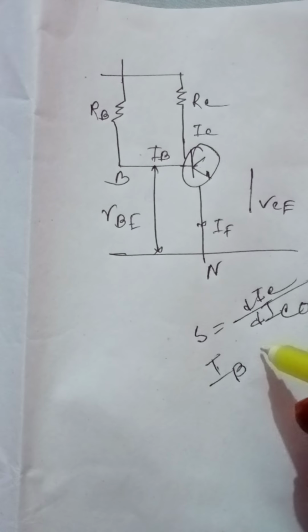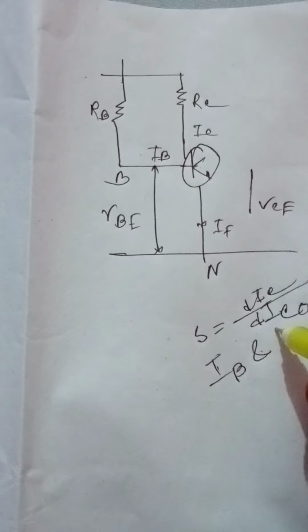The stability factor indicates the change in collector current IC due to the change in collector leakage current ICO.